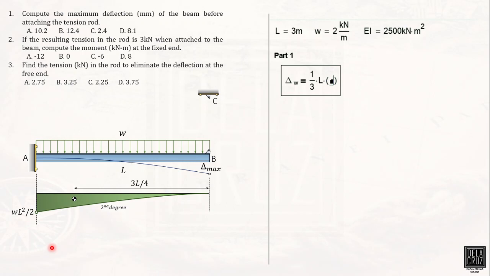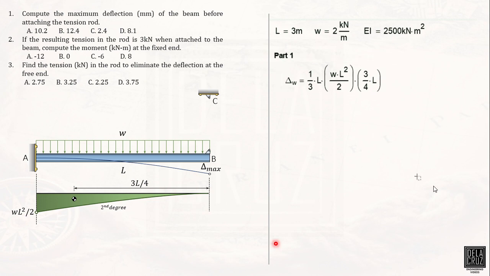Again, we multiply it by the moment arm 3L over 4, or 3/4 of the length.